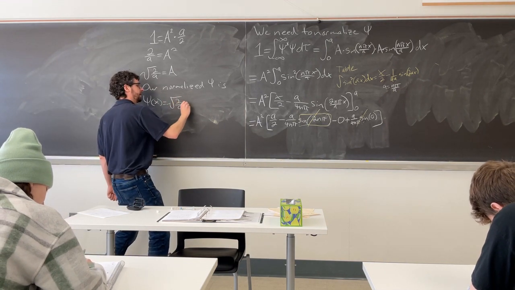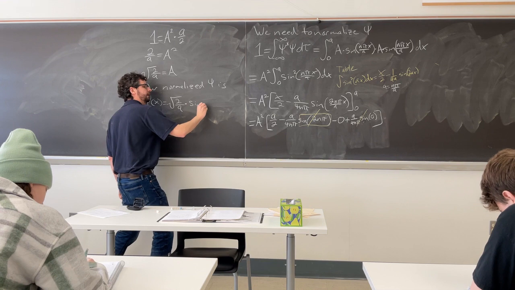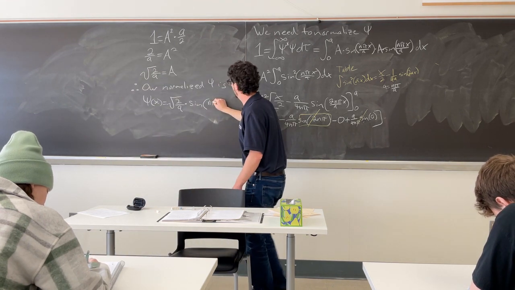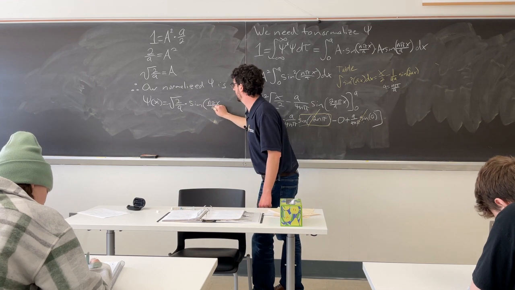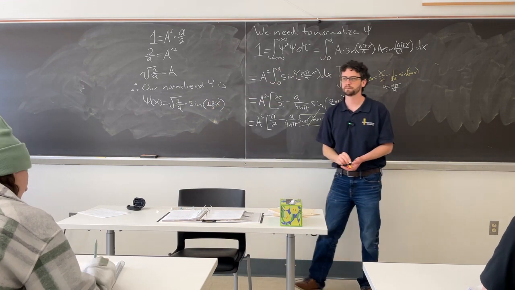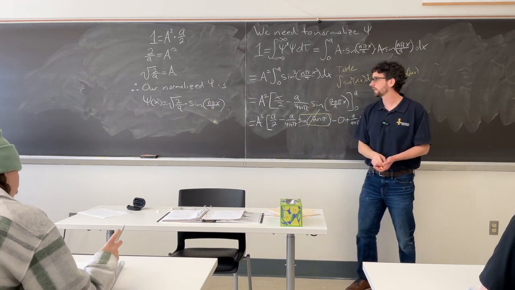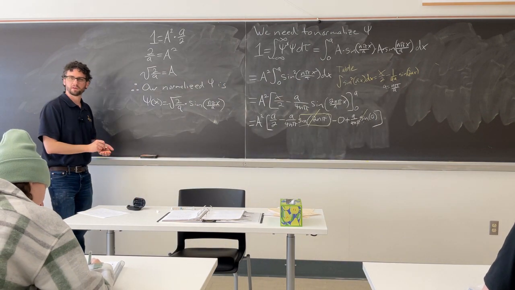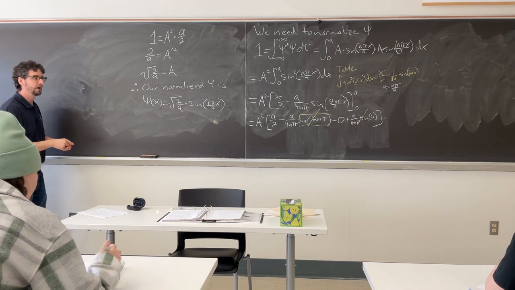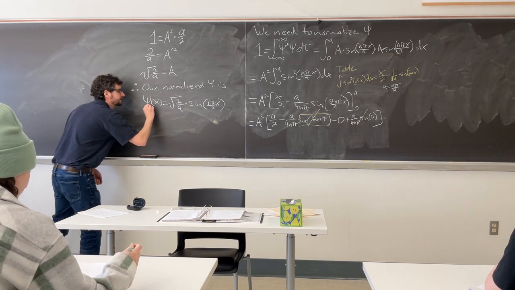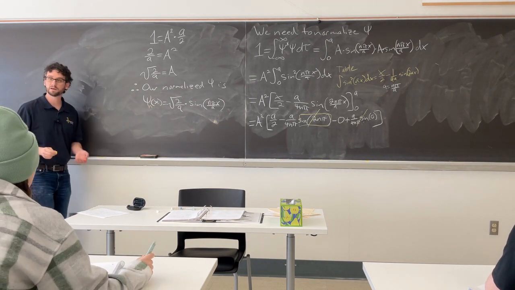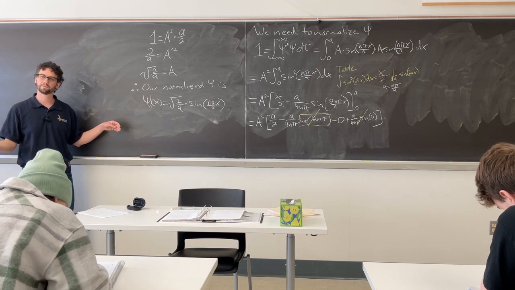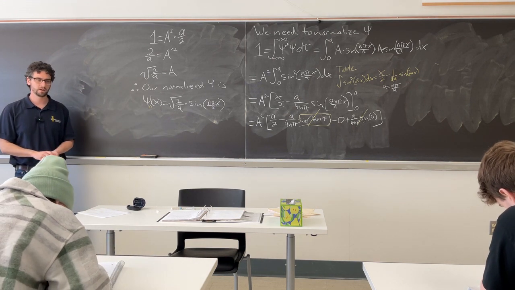Yep. Times sine of what? Yep, n pi x over A. This is our normalized 1D particle in a box wave function. A lot of times what you'll see is a little n here to indicate what energy level we're talking about.